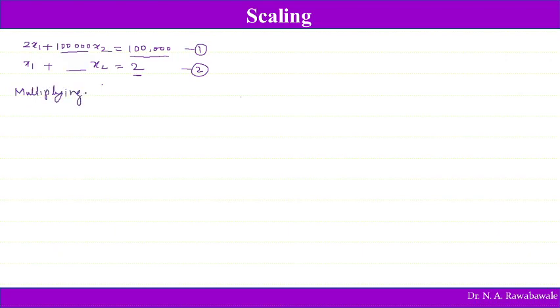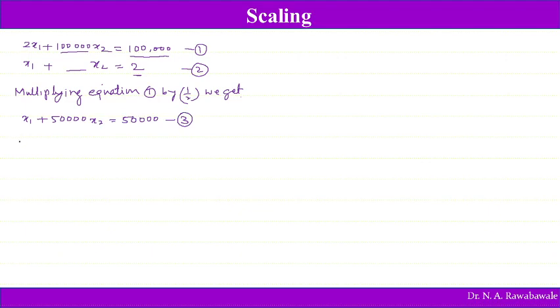As it is, we are going to solve using Gauss elimination method, multiplying equation 1 by 1 by 2. If we multiply the first equation by 1 by 2, it will be x1 plus 50,000 x2 is equal to 50,000. We can call this equation number 3.